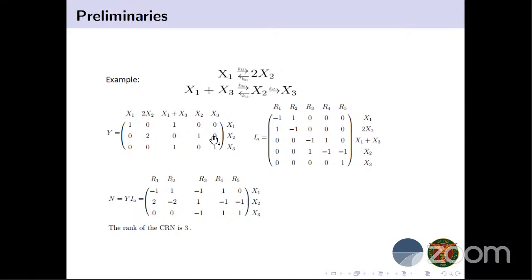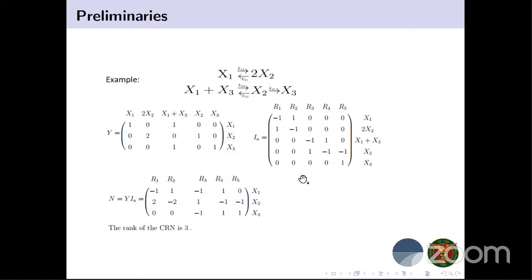And then we're going to do that for each complex. We also have this I sub A, the incidence matrix. We consider these reactions, and the rows are the complexes. So the complexes are again x1, x2 and so on. For the first reaction, we have x1 to x2. x1 is, of course, in the first reaction the reactant, so that would be -1, and 1 for x2, and the rest is 0.